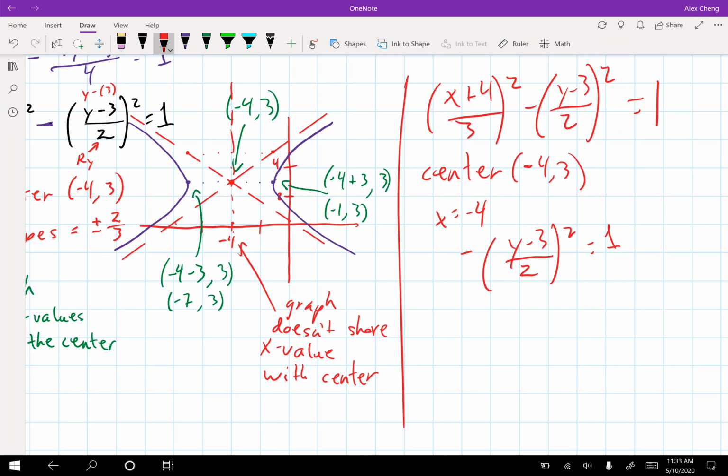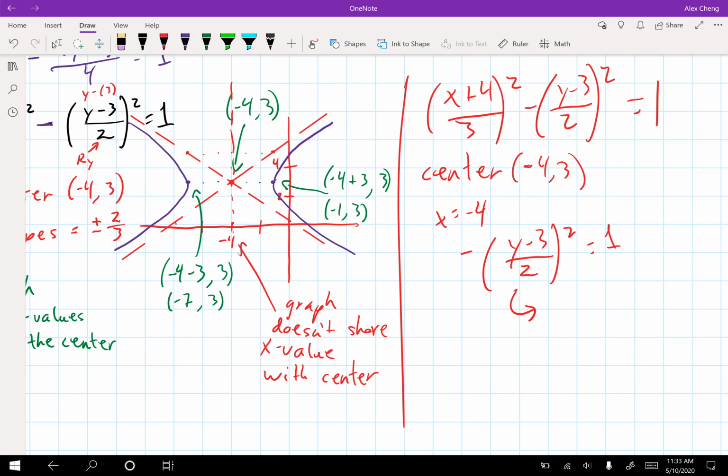We mentioned in the last video that this cannot happen because you're squaring something, which makes it positive, and once you stick a negative sign in front of a positive number, it becomes negative. There's no way that negative number equals positive 1.